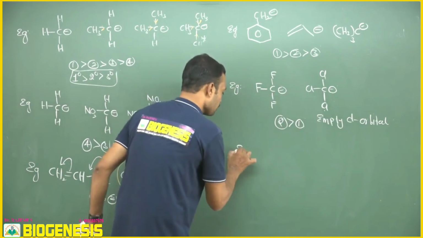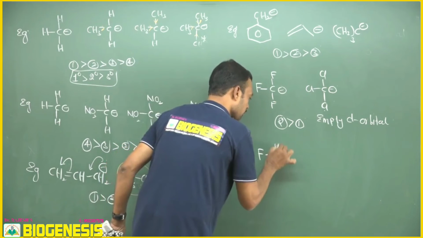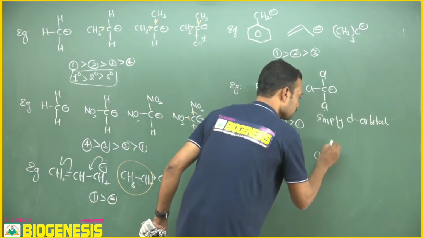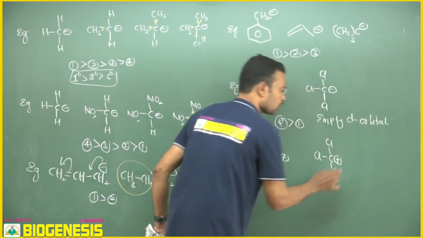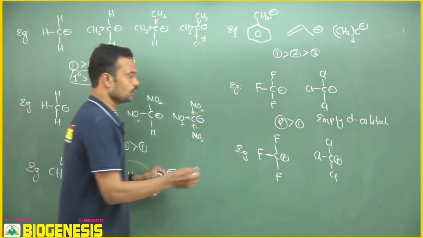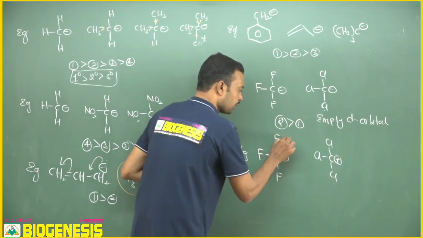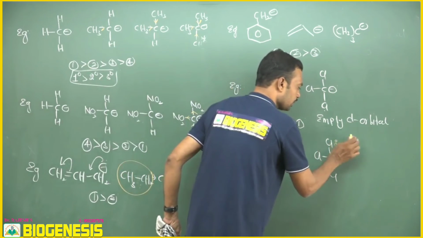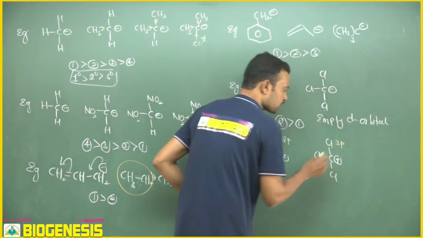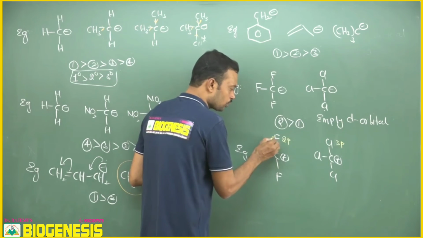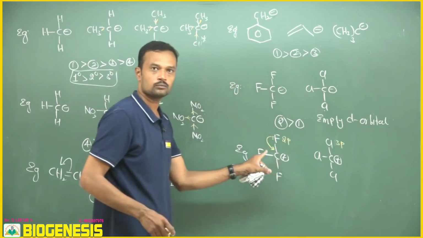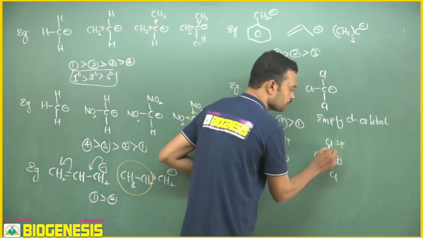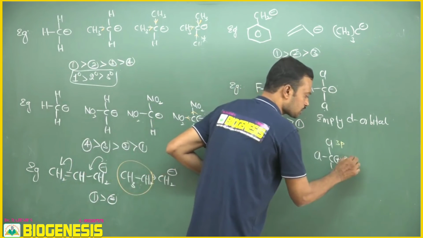If you apply the same for a carbocation, it is completely different. See here, this is a carbocation. Now I am taking 3 chlorines and here it is a carbocation. Now this fluorine has a lone pair of electrons in a 2p orbital and chlorine has a lone pair of electrons in a 3p orbital, due to unequal size. This lone pair of electrons will donate to the empty orbital of this cation. Now the cation is stabilized by the lone pair of electrons, but due to unequal size, this is completely 3p and this is completely 2p.